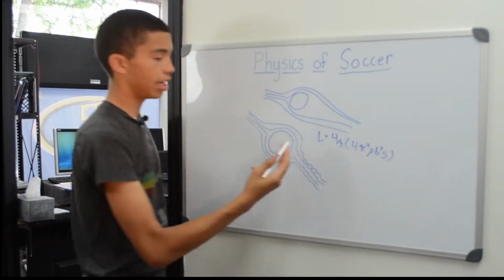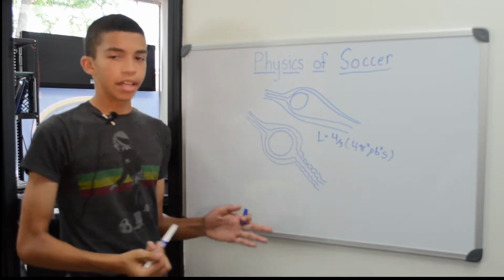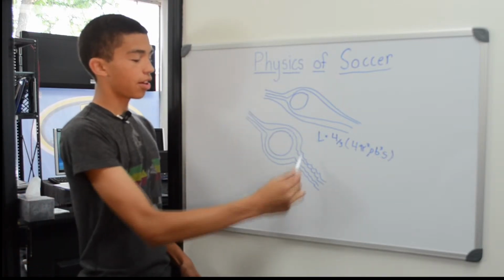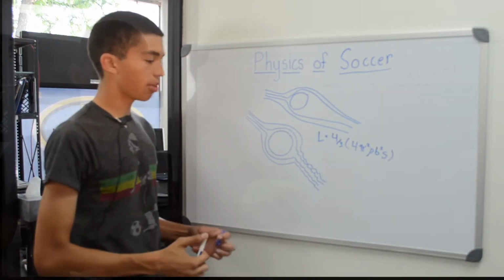That's how you'd find the theoretical lift of the ball without any of the turbulent air caused by the stitching and not perfect roundness of the soccer ball.